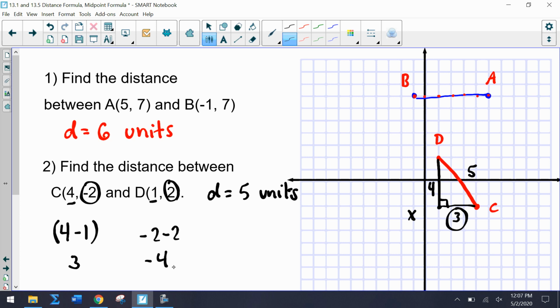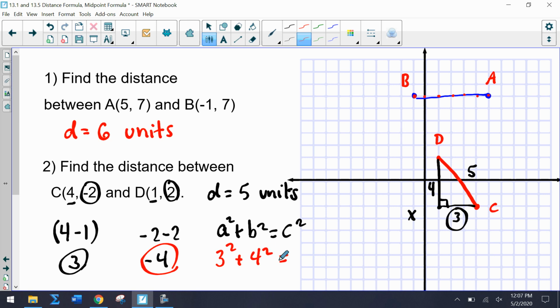Okay, we have -4, but if we think about the distance, we have to take the positive. So if we think of a squared plus b squared equals c squared, our a squared would be this 3 squared. Our b squared would be this -4 squared, or we could just say 4 squared. And then we could find out what our c squared is and solve using the Pythagorean theorem.